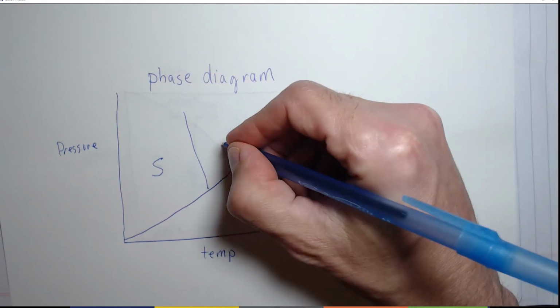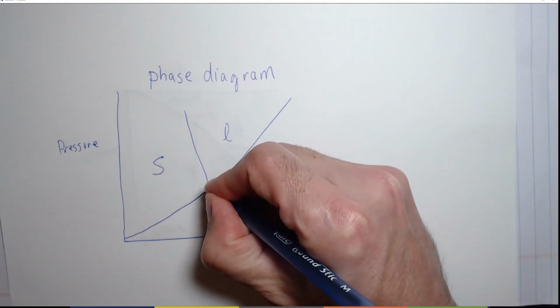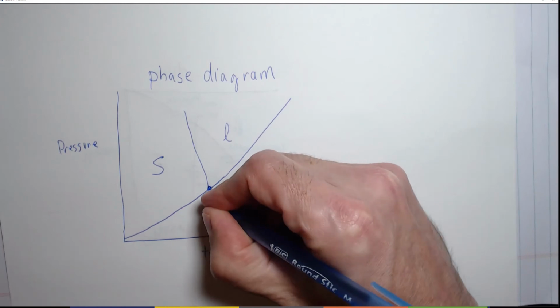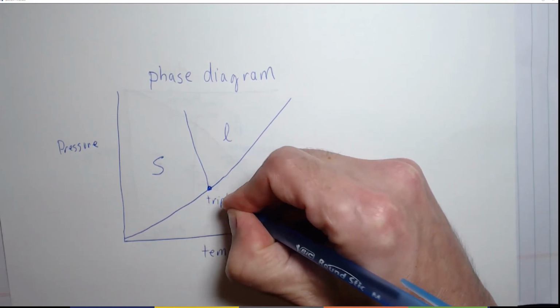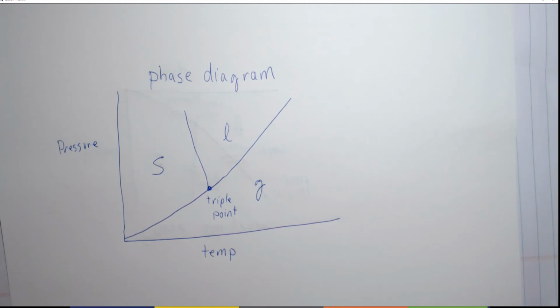And what's intermediate to that is the liquid. So at intermediate temperatures and pressures, we get the liquid. You'll notice that there is a temperature and pressure at which all three phases of matter can exist, and this is called the triple point. Okay, so that is basically that.